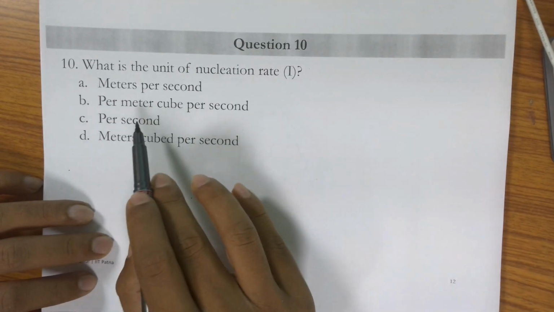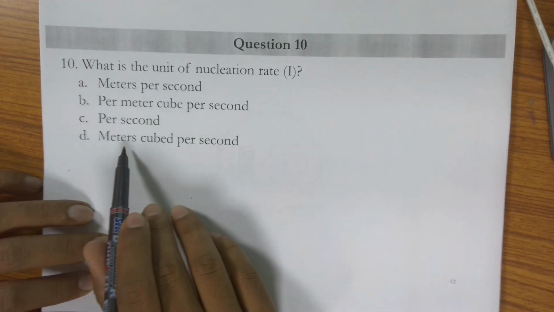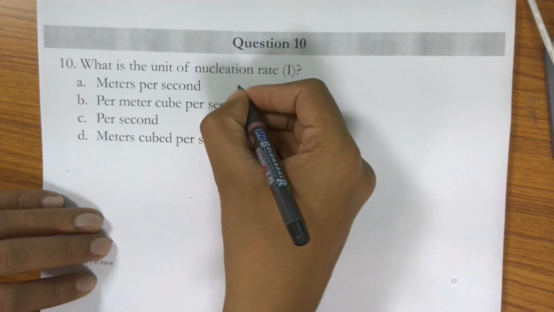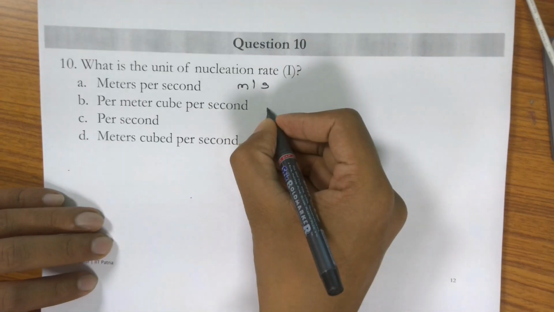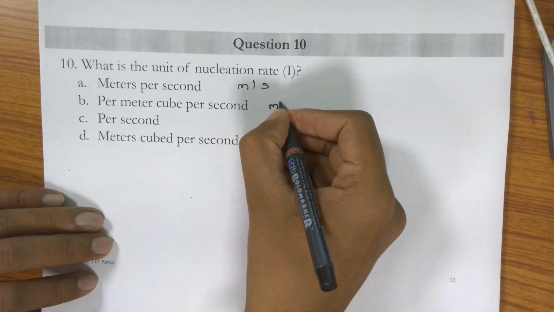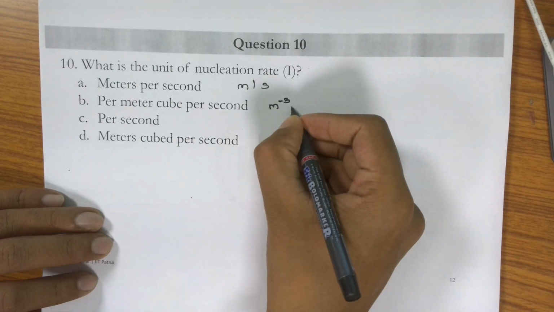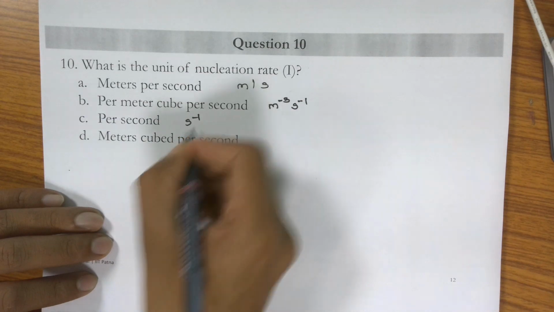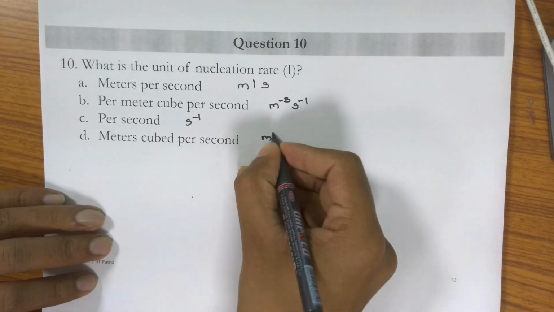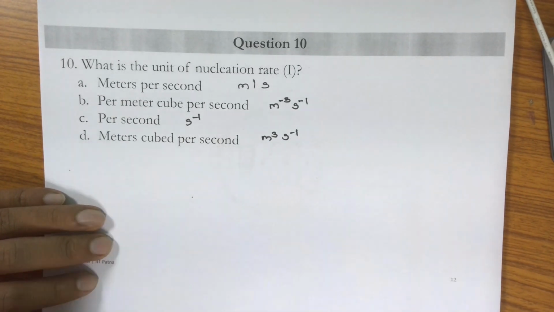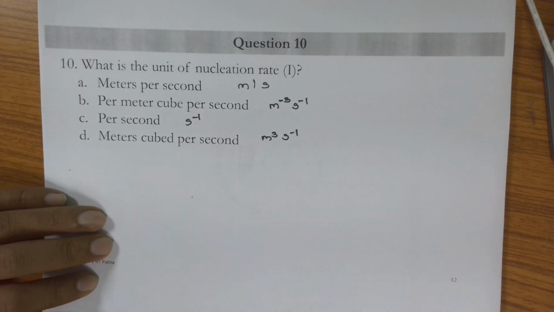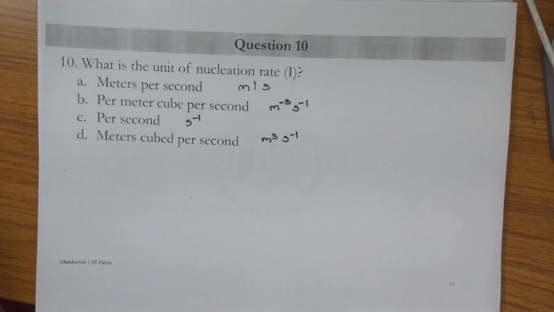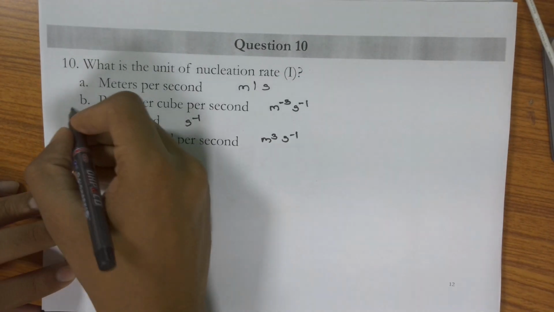Is it meter per second, per meter cube per second, or meter cube per second? We know that it's the number of nuclei that have formed per unit volume per unit time. So option B will be the right answer.